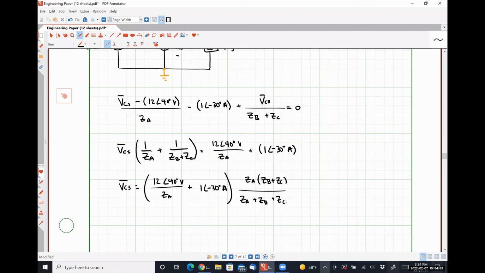This expression is literally the exact same expression that we got doing a source transformation, 100%, where 12 angle 40 over ZA represents that current source on the left-hand side. So the results of this are obviously the exact same thing as what we just got, because we wound up with literally the exact same equation.